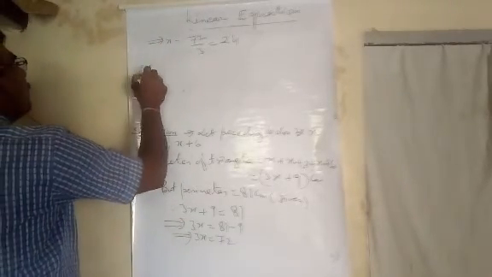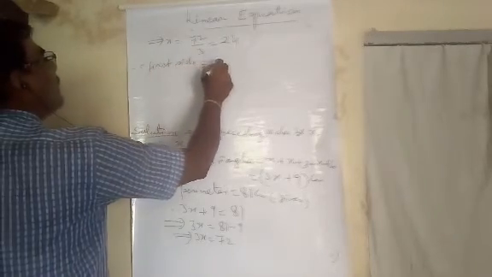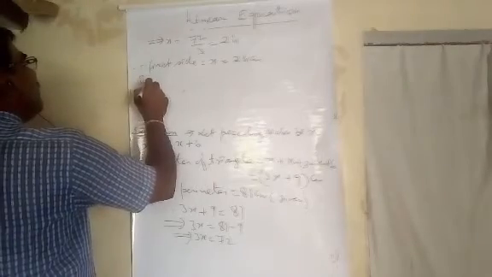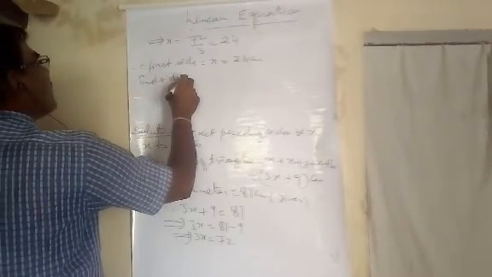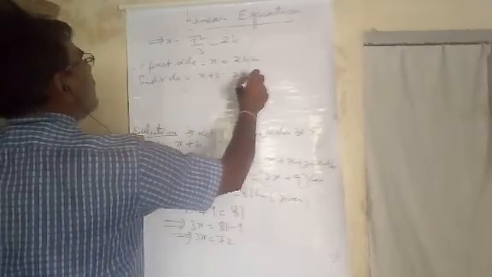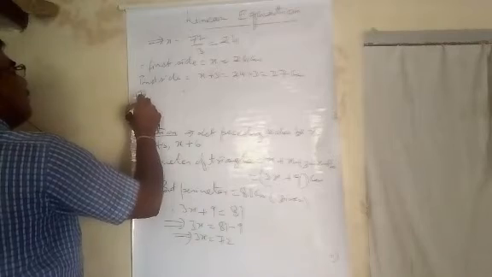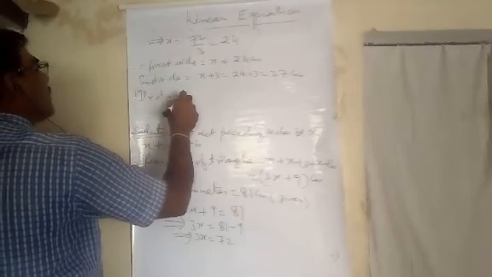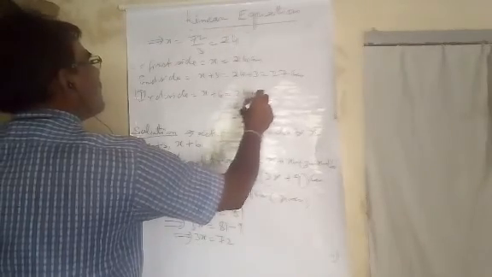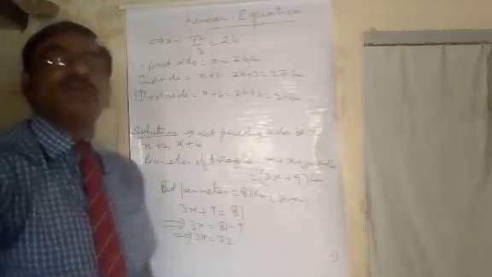Therefore first side equal x equal 24 centimeter, second side equal x plus 3 equal 24 plus 3 equal 27 centimeter. Third side equal x plus 6 equal 24 plus 6 equal 30 centimeter. This is all about the sides of the triangle.